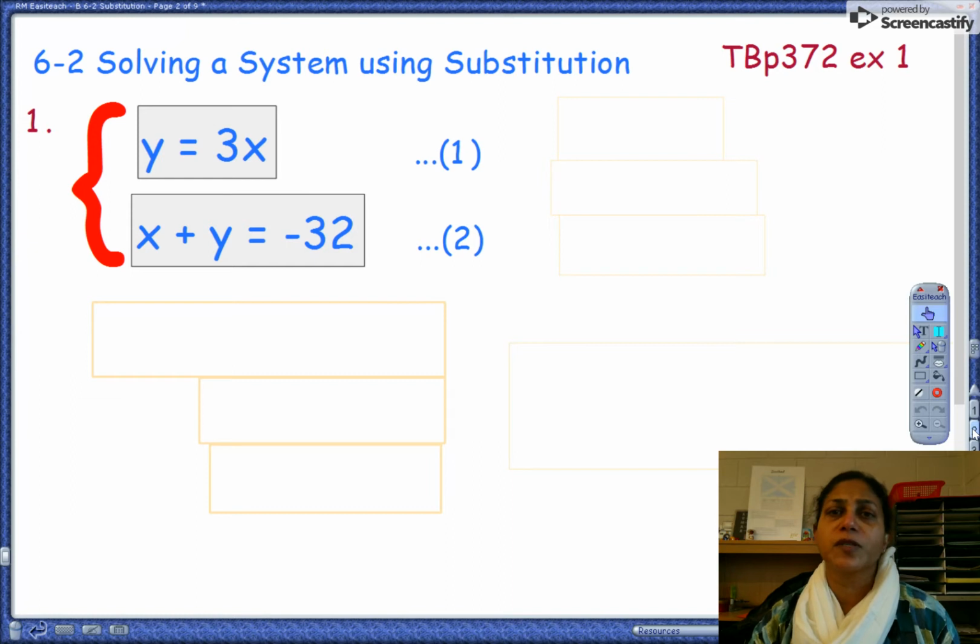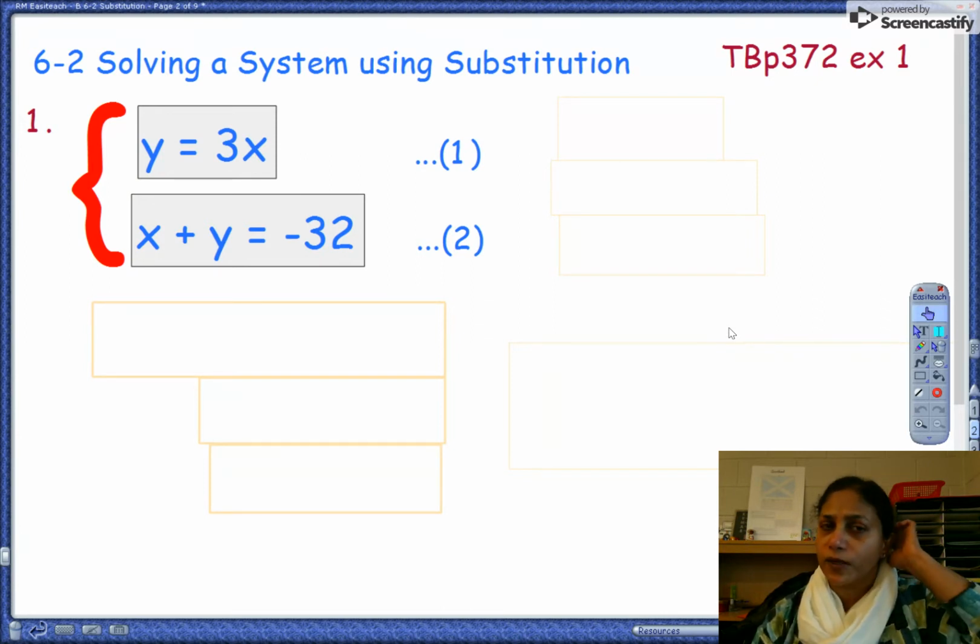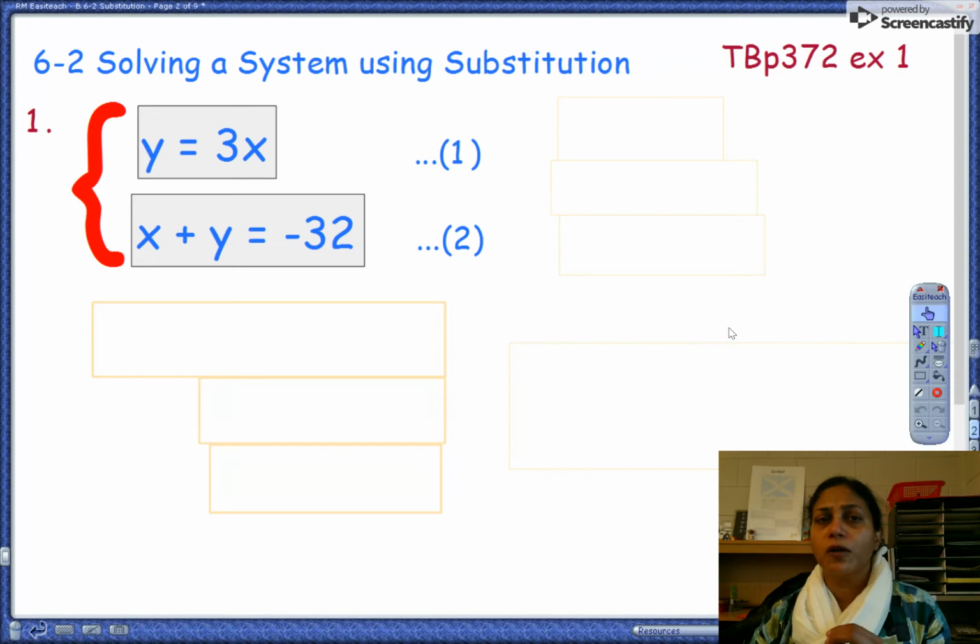So let's solve a system using substitution. These sample problems are from your textbook. There are two equations given: y is equal to 3x and x plus y is equal to negative 32. The goal is to take these two equations and create one equation with one variable.